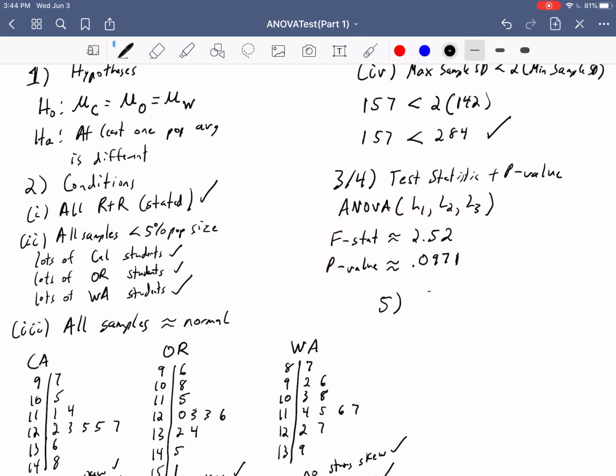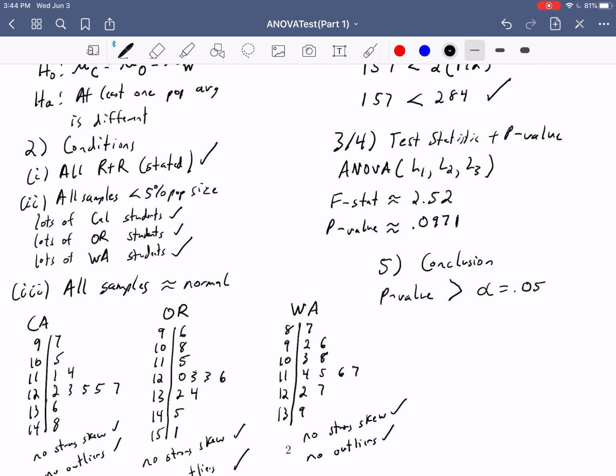Then we go to our conclusion step. As always, we take our p-value, which of course is this 0.0971, so about 9.7%. We compare it against the alpha, which is 0.05. Clearly, the p-value here is larger than alpha, so we will fail to reject H0, right? Because we had a p-value that was larger than our alpha.